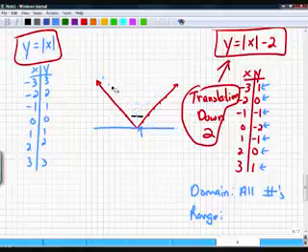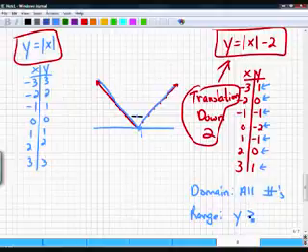Negative 2. Does everybody see that your y's start at negative 2 and it continues up? Your graph goes up from there. So your range is y greater than or equal to negative 2. Any questions?